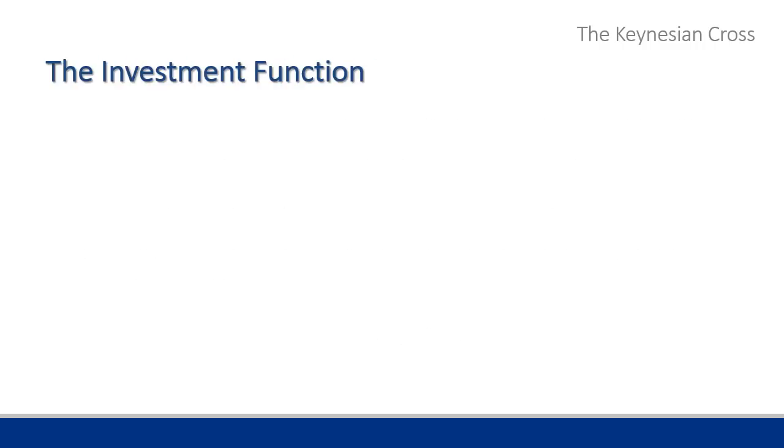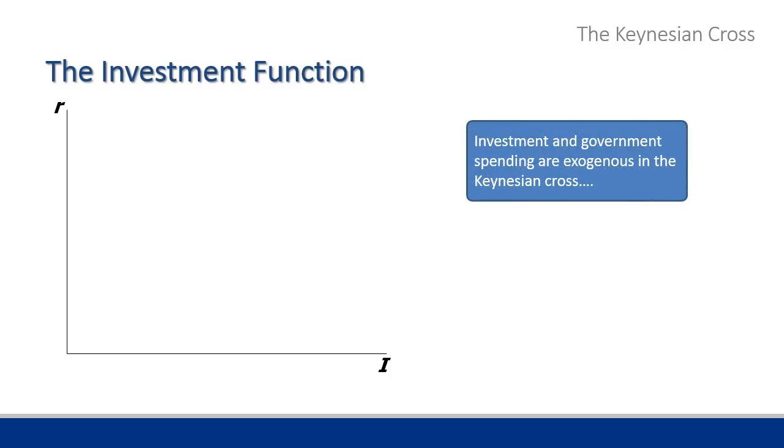First of all, we'll talk about the financial sector and how investment behaves. Investment and government spending are exogenous in the Keynesian cross because it's in expenditure output space. Neither investment nor government spending depend on expenditure or income. This is the assumption we make. However, investment is dependent on the interest rate, and we can bear this in mind for later.